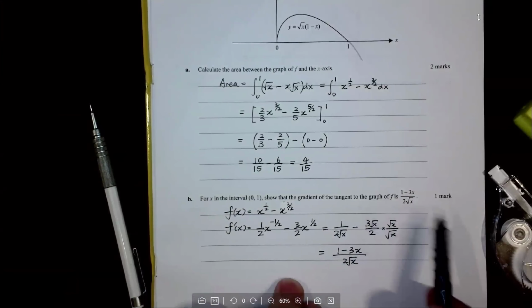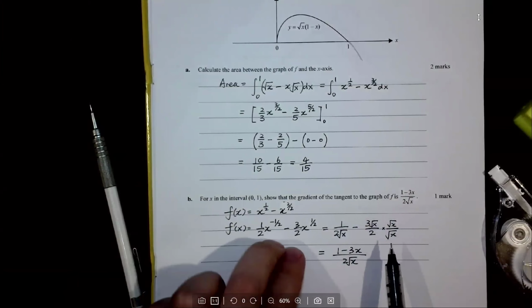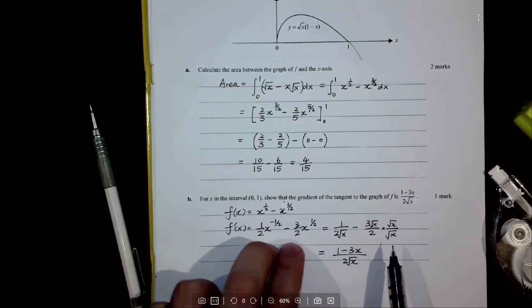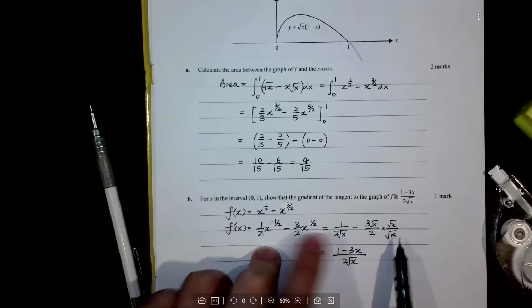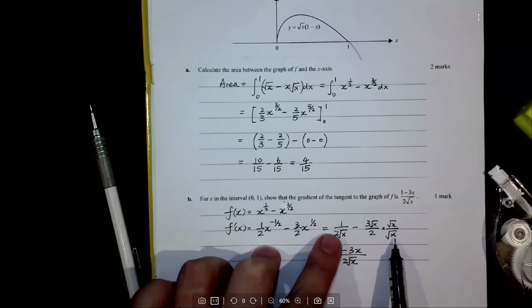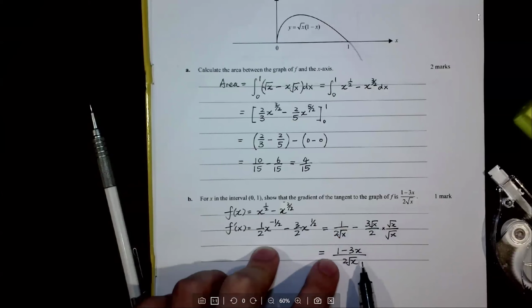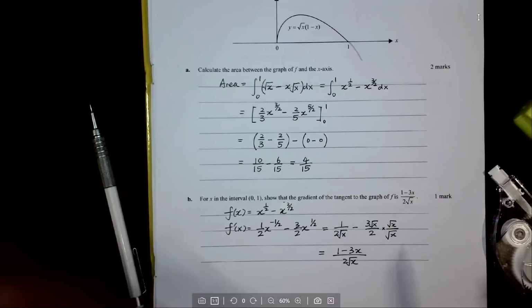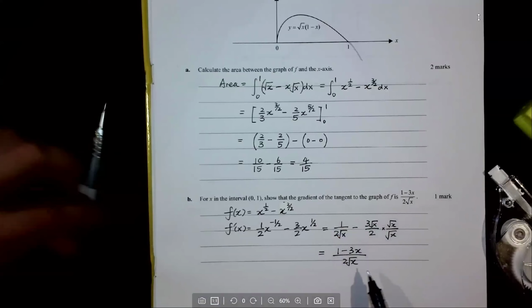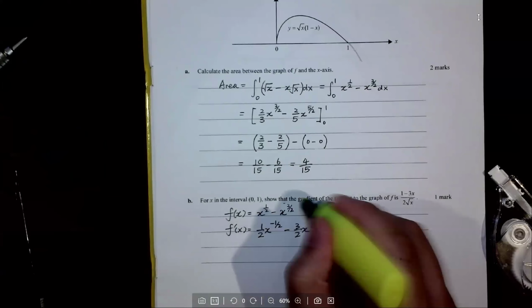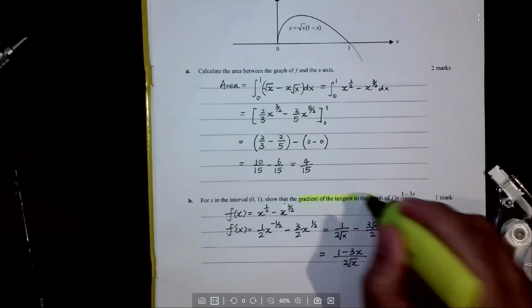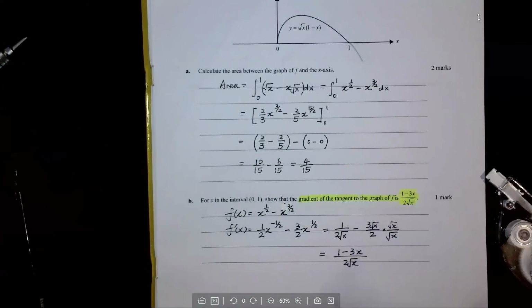So I think the key thing is not only should we get the correct derivative, but also we need to put that in the form with the radical, and then show how we combine two fractions with the radicals into the given result. So this result can be very useful. So I'm going to highlight this one. The gradient of the tangent to the graph of f is this expression here.